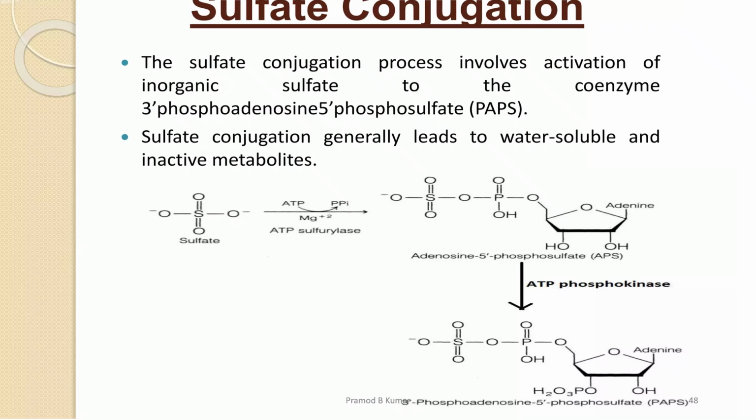The sulfate reacts with adenosine 5'-phosphate to give adenosine 5'-phosphosulfate, which further reacts with another molecule of phosphate to form 3'-phosphoadenosine 5'-phosphosulfate.